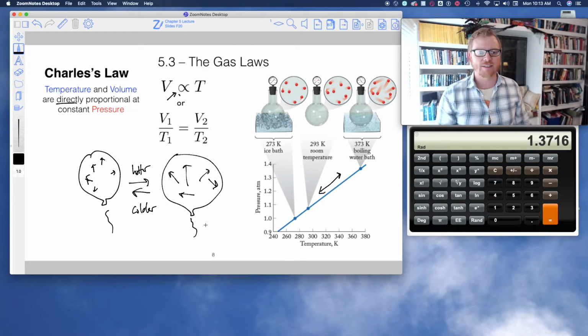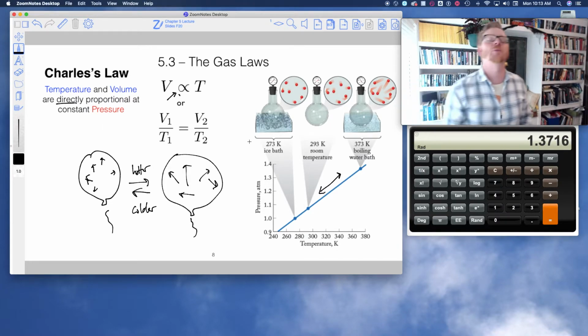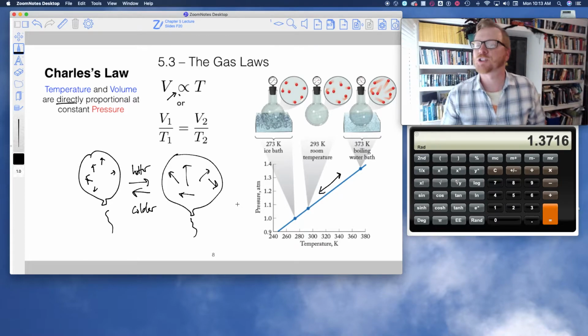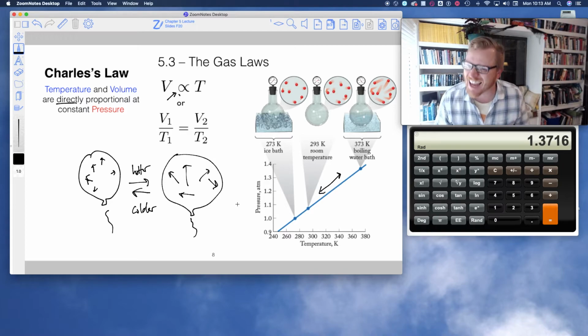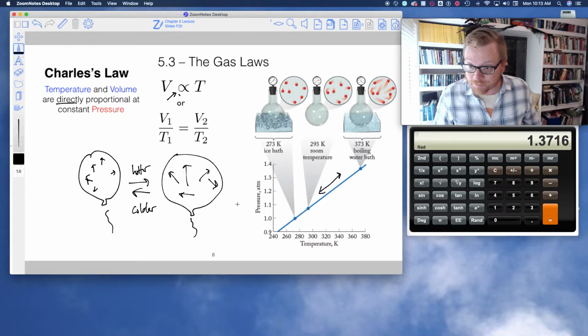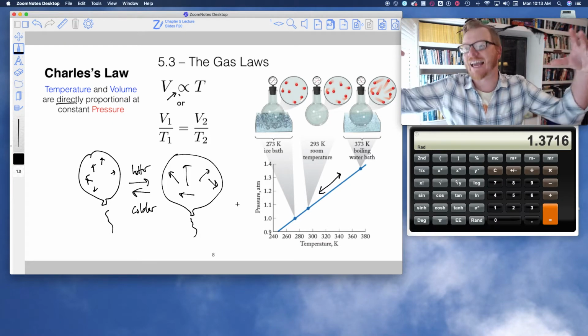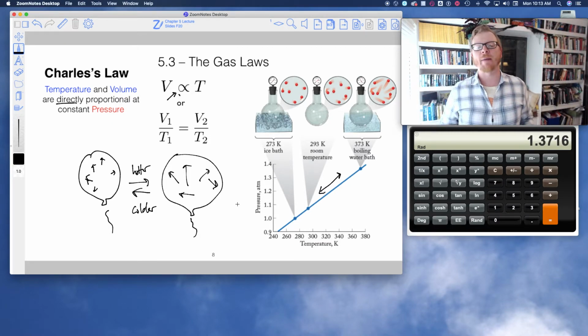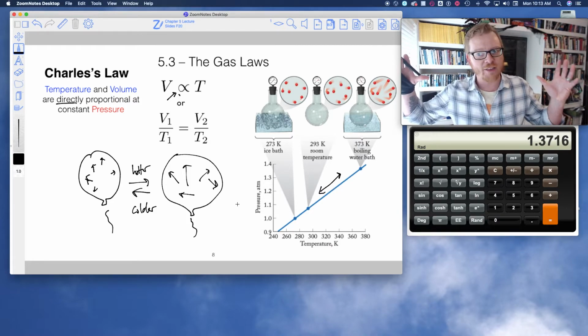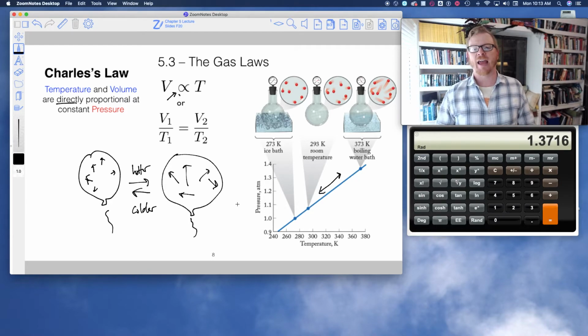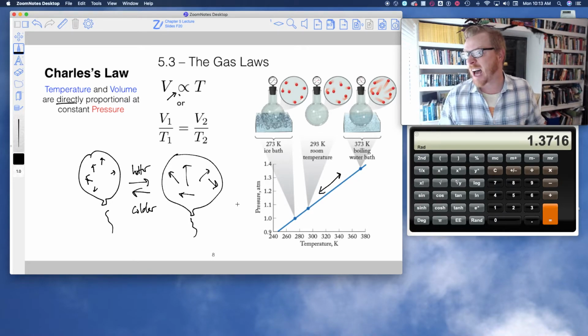The pressure is not changing, but as the molecules become less excited as they get colder, they don't occupy as big of a volume. It's as if the pressure is squeezing them out, but it's really not. They're just not pushing out the rest of the atmosphere as much because they're not as excited.